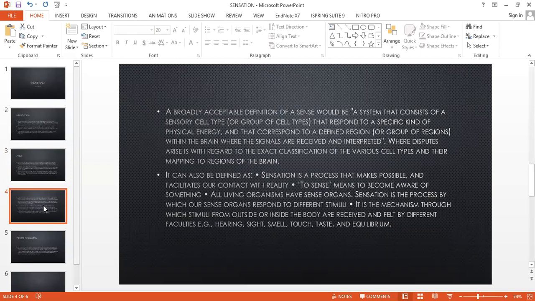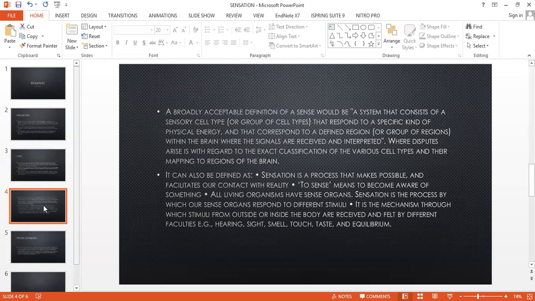Where disputes arise is with regard to the exact classification of the various cell types and their mapping to regions of the brain. It can also be defined as: sensation is a process that makes possible and facilitates our contact with reality. To sense means to become aware of something. All living organisms have sense organs.